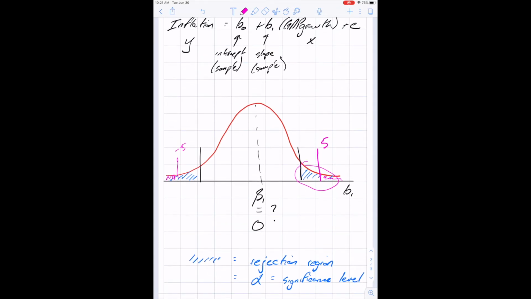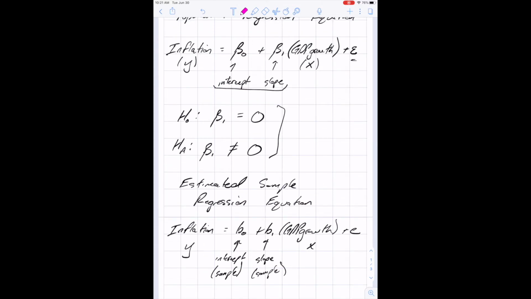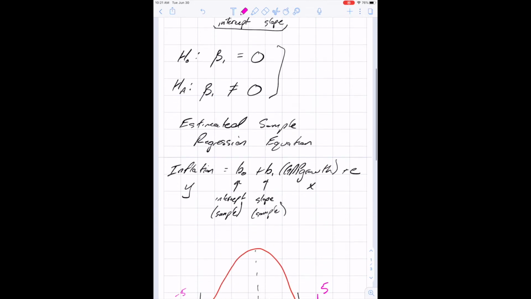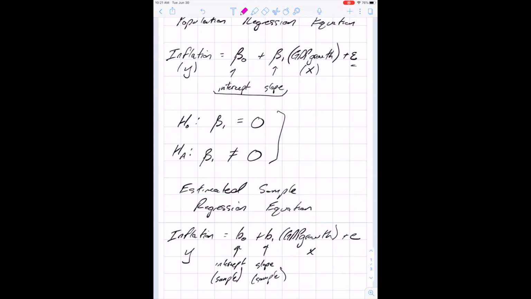And you guys know that stuff from before, from chapters 9 and 10. So everything about that is the same. Really, the only thing new here is that we're doing this with slopes instead of with sample means and population means, or differences in sample means and differences in population means, which was chapter 10. Now we're doing the same process, but we're doing it to our slopes from estimated regression equations.